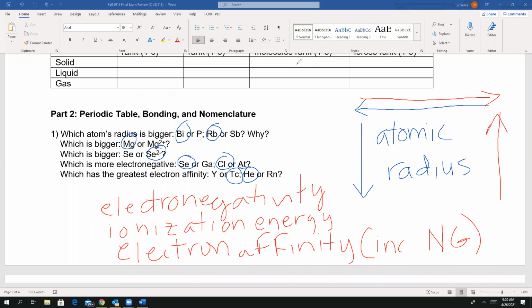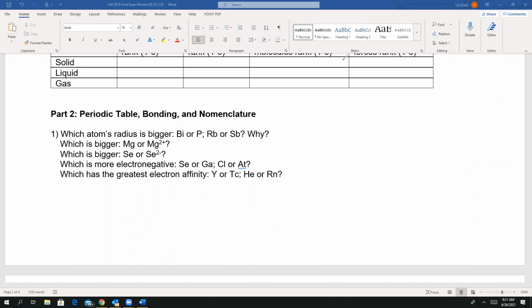But holding on to electrons, it will. So electron affinity is definitely including noble gases. All right, remember that.